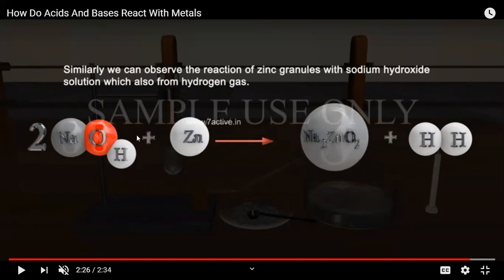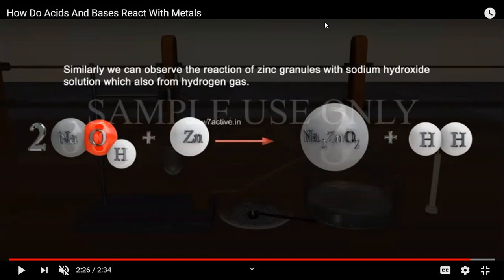So in the case of a base also, the more reactive metal will replace the hydrogen present in the basic solution, and in the case of an acid also, the metal which is more reactive will replace the hydrogen present in the solution. So that is why we can classify these reactions as single displacement reactions. So now you can see we have taken NaOH, we have added zinc.